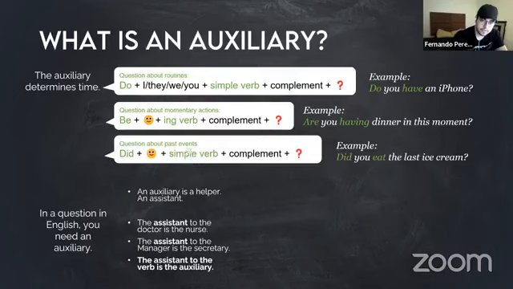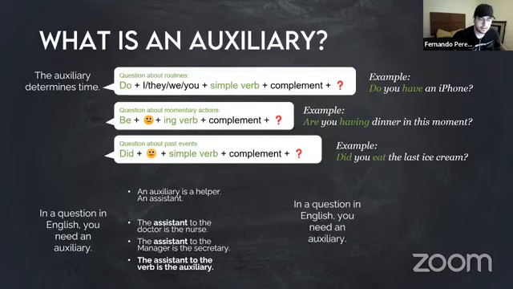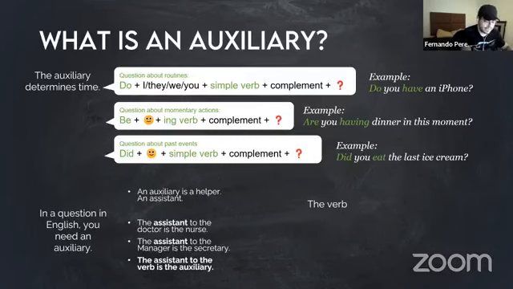You know? So in English, you need to master the relation between the auxiliary and the verb. Because the verb is in constant evolution, in constant change.